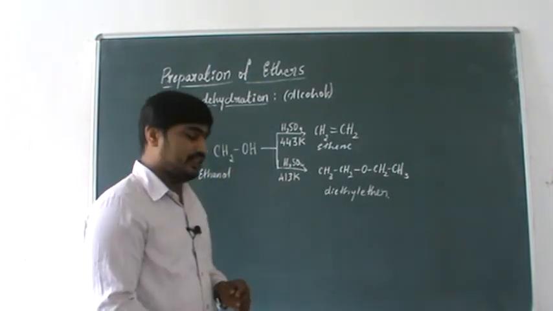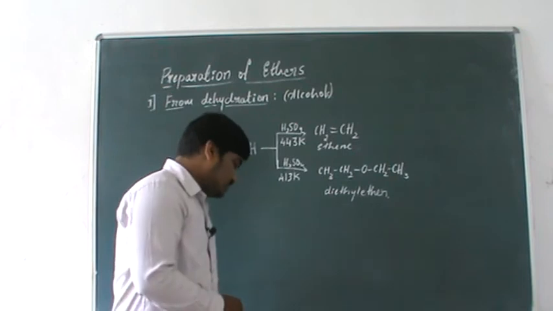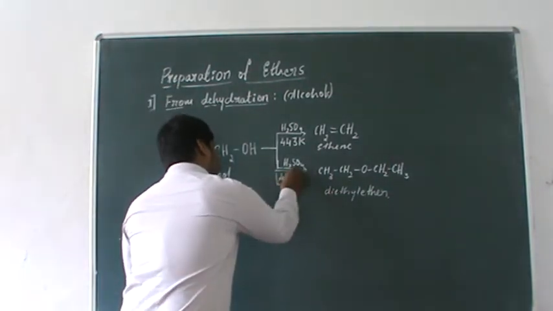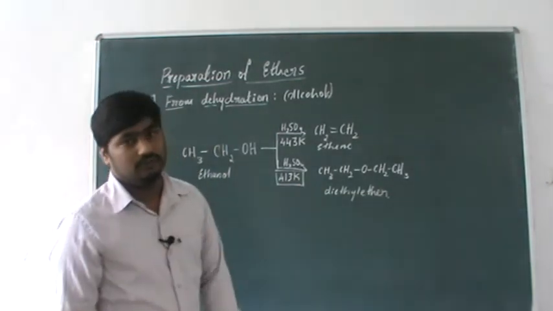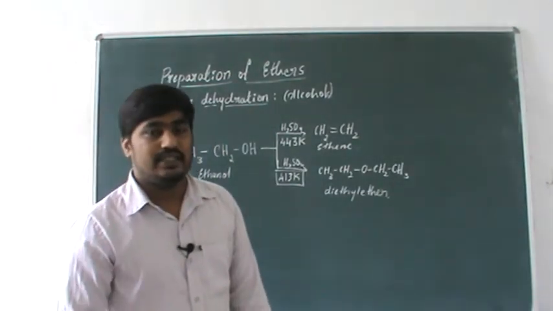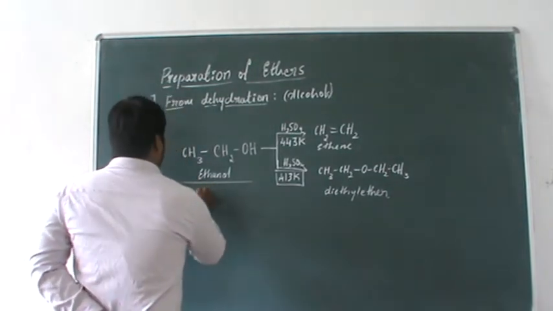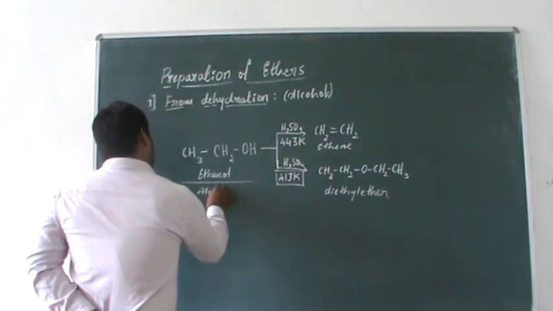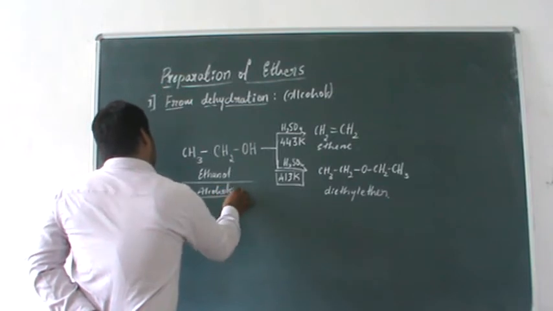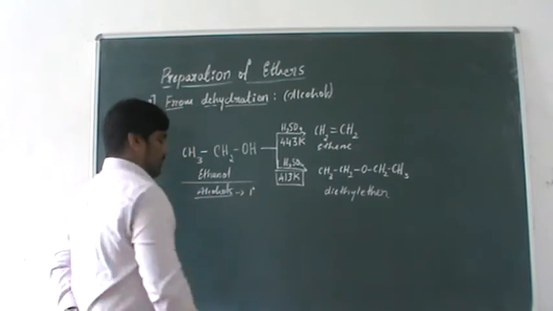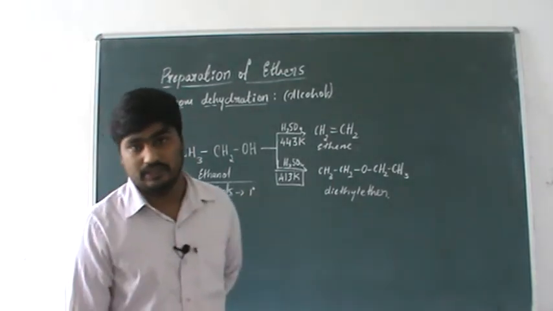What are the important things? The first thing is temperature. It should be low, around 413 Kelvin. The second thing, the alcohol used to produce ether should be primary.